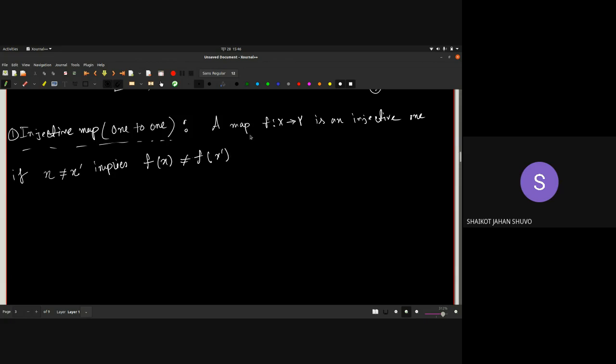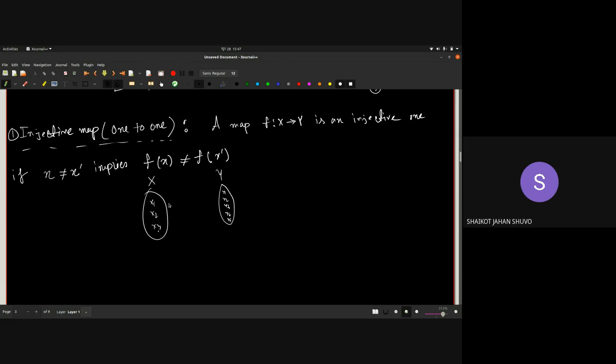That means for every x in the domain, you can find an image. Let's say this is x1, x2, x3, and this is y1, y2, y3, y4, y5, or something. And you understand that x1, x2, x3 are distinct. They are not equal to each other.